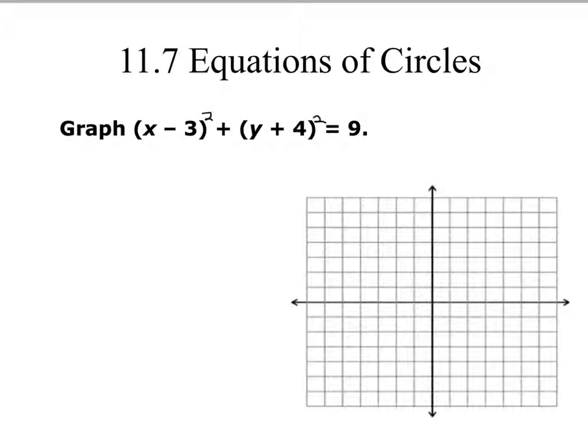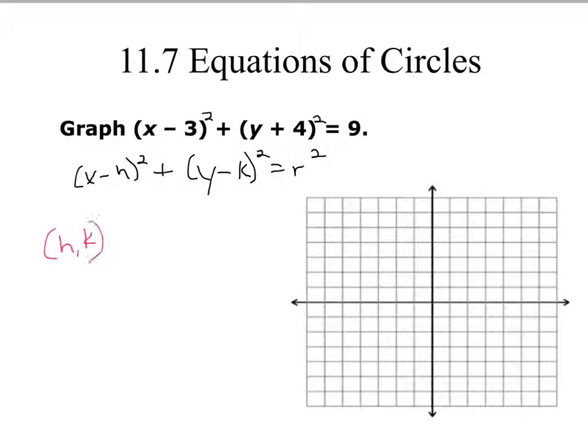Well, I know that my formula for the equation of a circle is (x - h)² + (y - k)² = r². Remember my h and k are the center of my circle. If I look at h, that looks like 3.